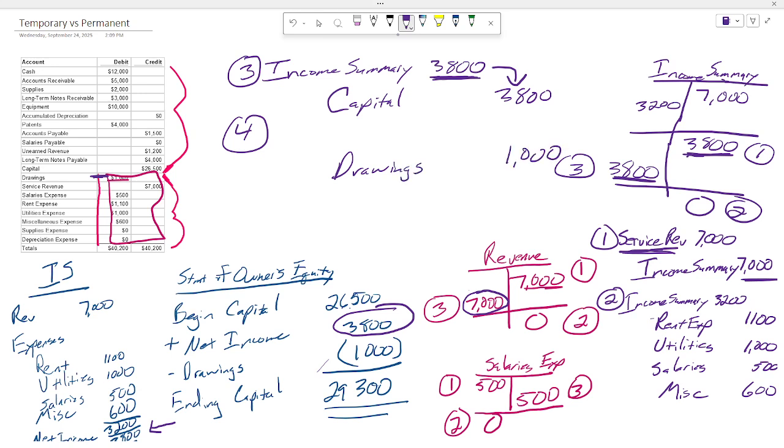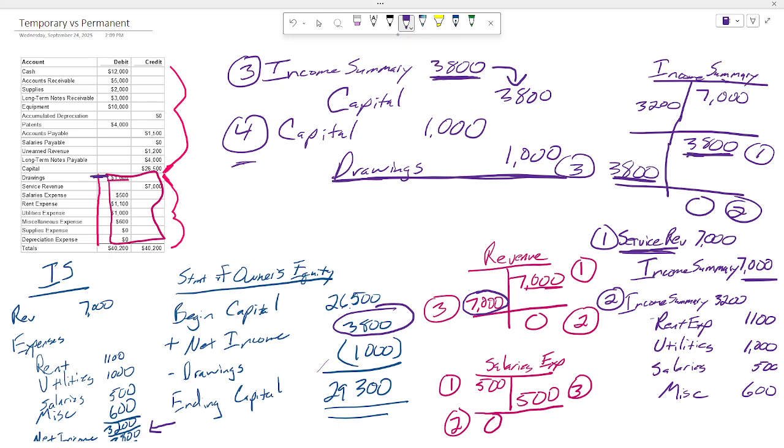Well, what do we debit in this case? Well, who took out the drawings? The owner did, and it came out of their capital account. All right, so this last entry successfully resets the drawings account for the next year.